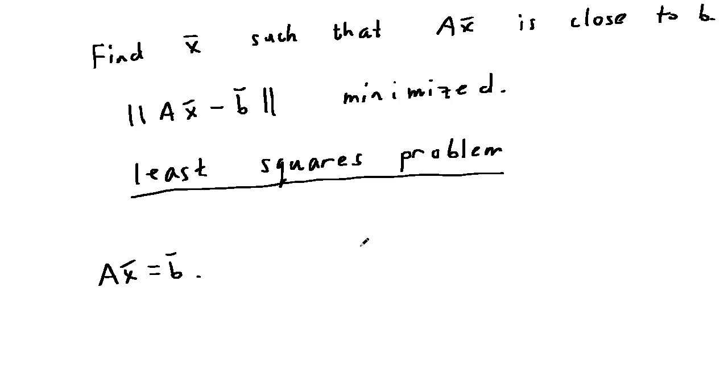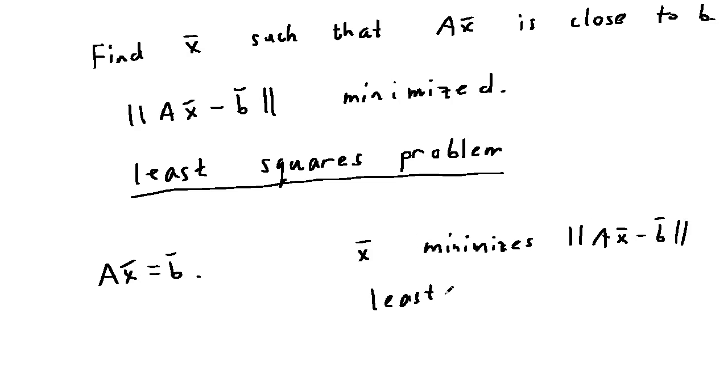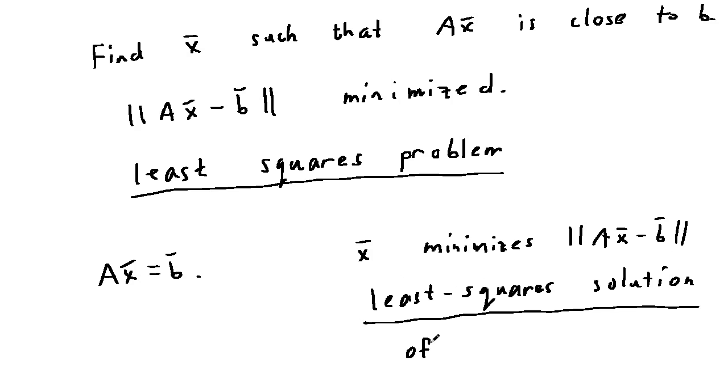Now, a vector x that minimizes this distance is called a least squares solution, a least squares solution of this matrix equation, Ax equals b.